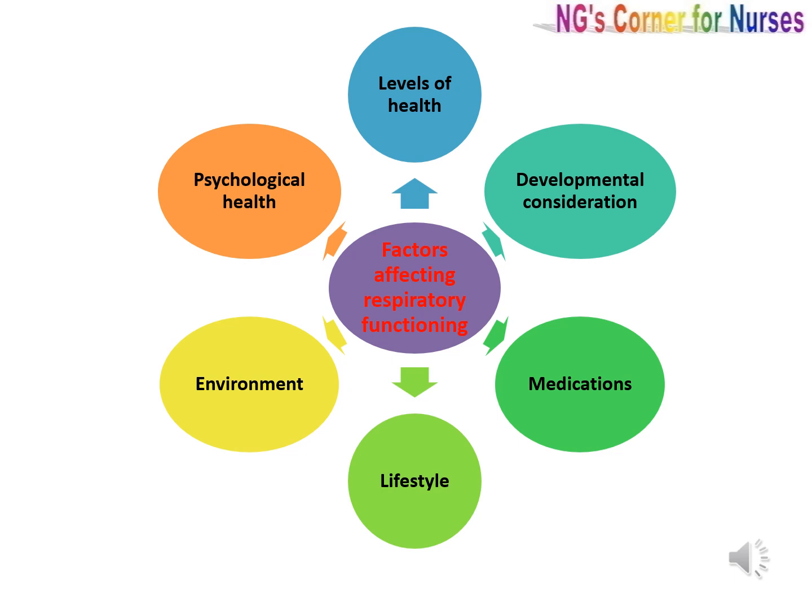Next is environment. There is a correlation between air pollution and cancer and lung disease. A person with adequate respiratory functioning who is exposed to air pollution may experience coughing, choking, headache, dizziness, things like these.